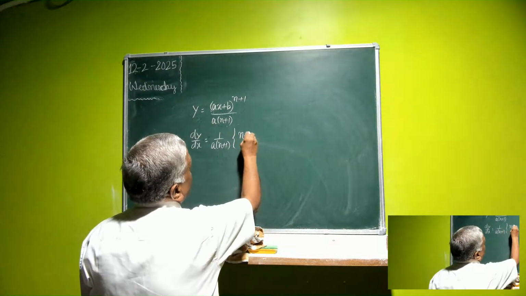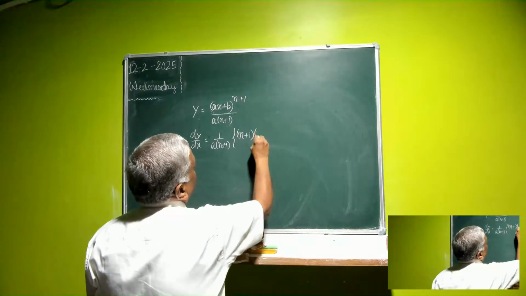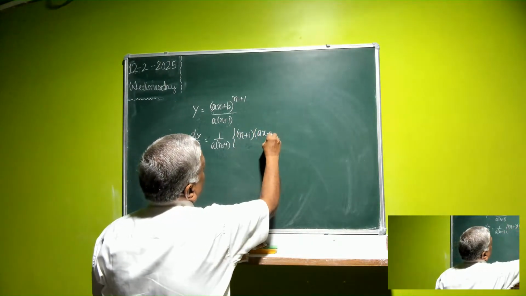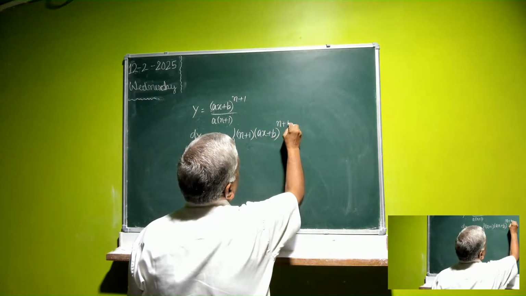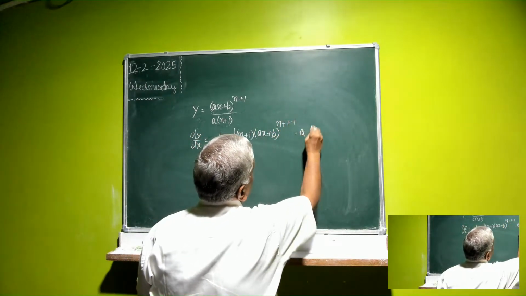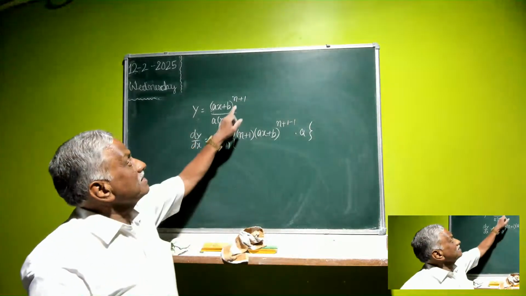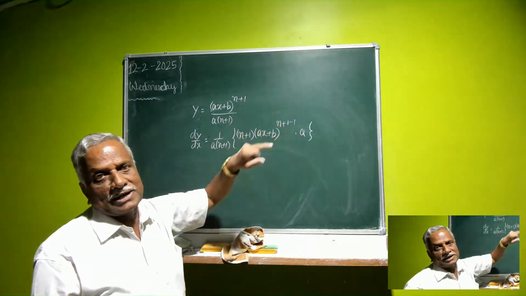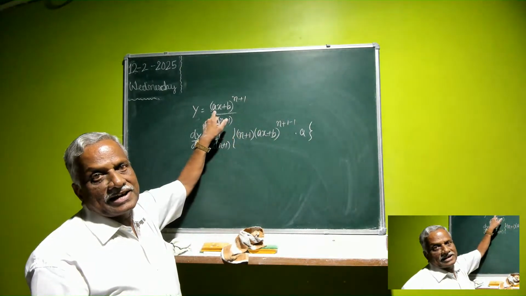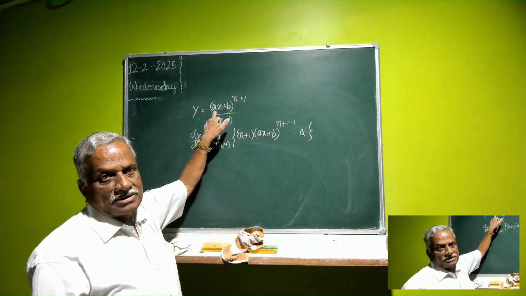N plus 1 into ax plus b to the power of n plus 1 minus 1 into a. See, I have differentiated the power first, n plus 1 to the power of n plus 1 minus 1. Then I have differentiated ax plus b. A is a constant, x is 1.